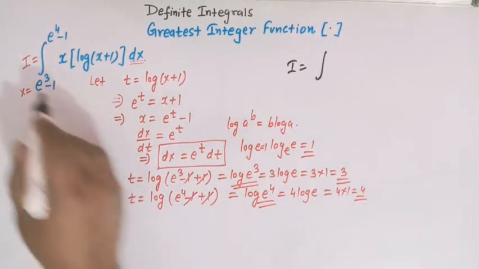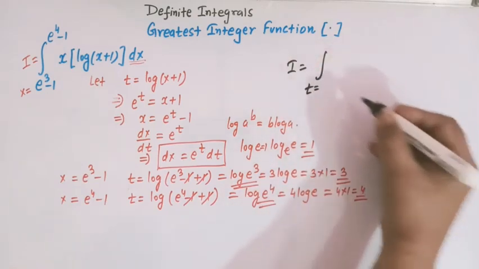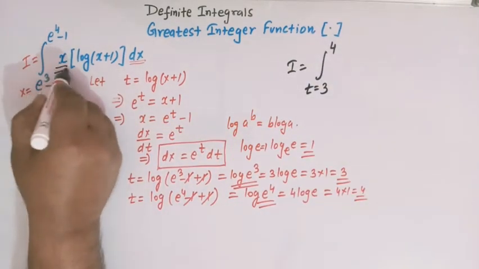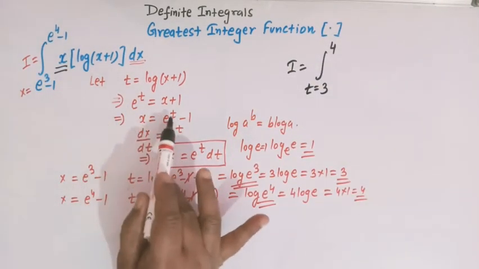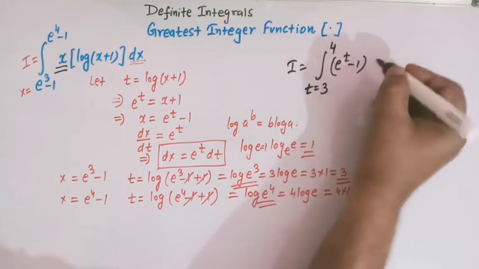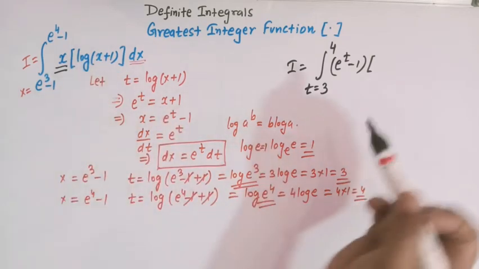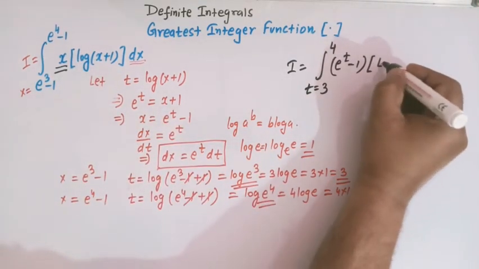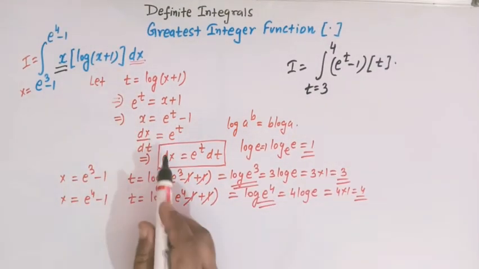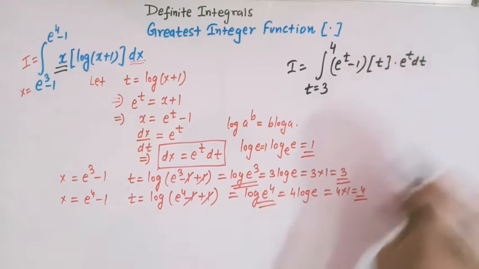So now this integral I can be written as t is equal to 3 to 4, and for this x we can write e raised to t minus 1, right? And here for greatest integer of log x plus 1, we can write greatest integer t, and for dx we can write e raised to t dt, right?